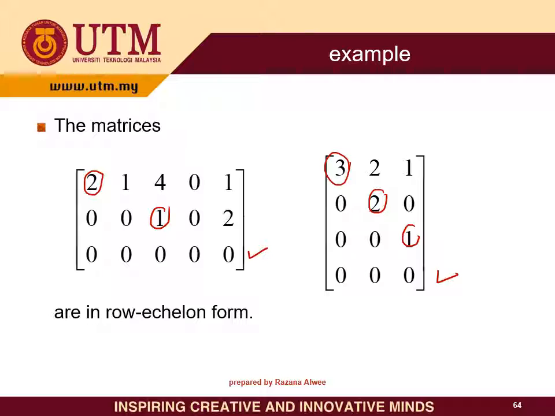The first row has 3, the second row's is to the right of 3, the third row's is to the right of that, number 1 here. And then under 2 all is 0, and under the leading entry of row 2 also 0. Under 3 the column is 0, under 2 here is 0, under 1 also is 0. So it is a row echelon form.